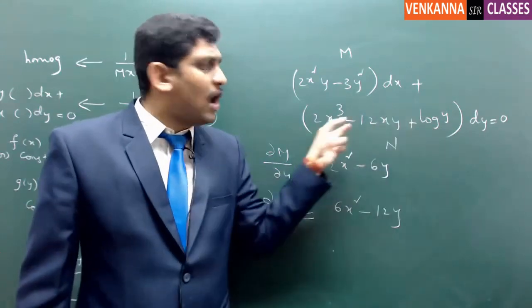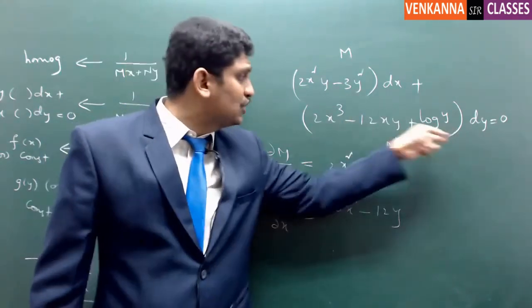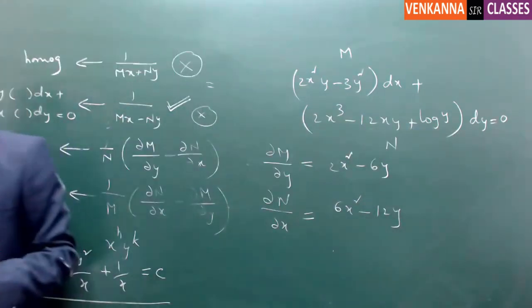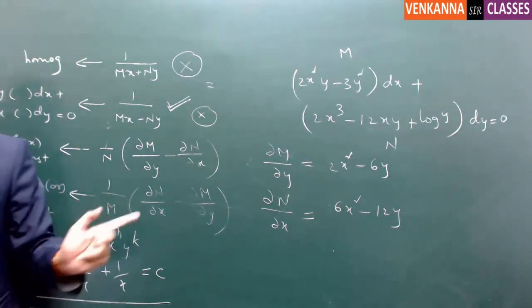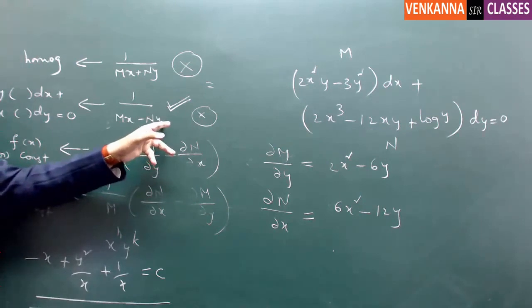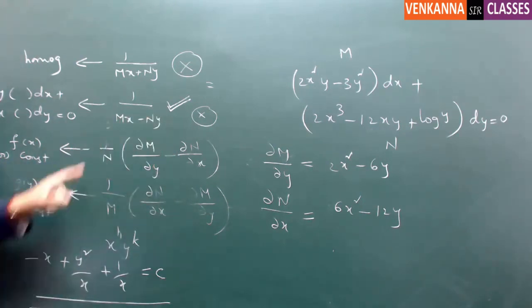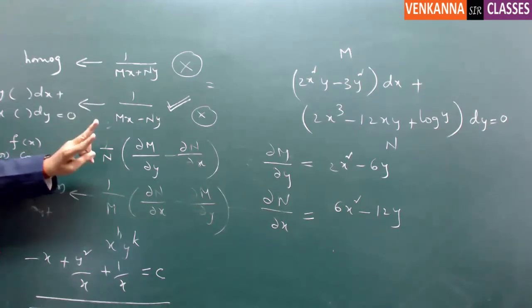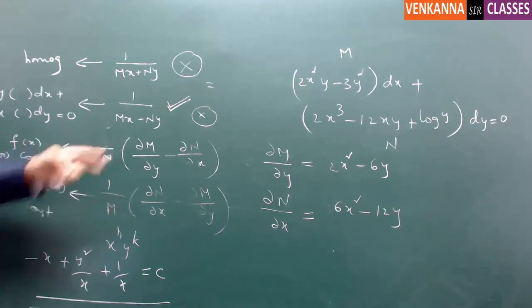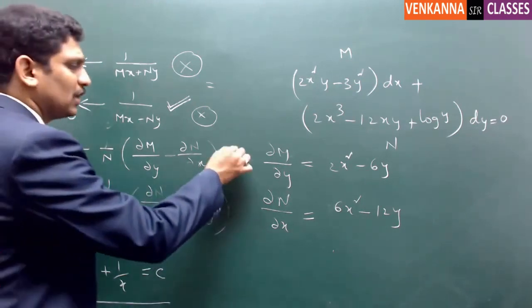Here, are you able to take x common in each of these terms? Not possible, so the second formula is not applicable. Then you are left with the remaining two. Straight away you will get a function which contains two variables, so that is also not applicable.